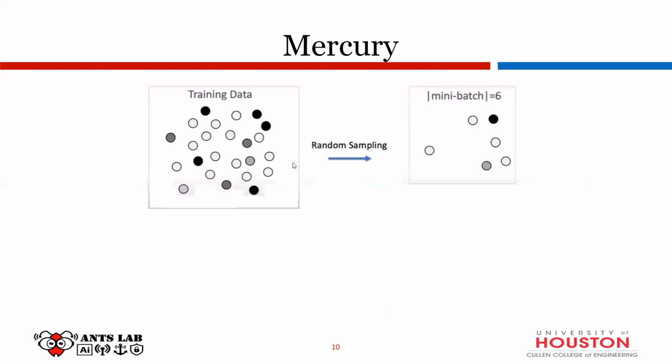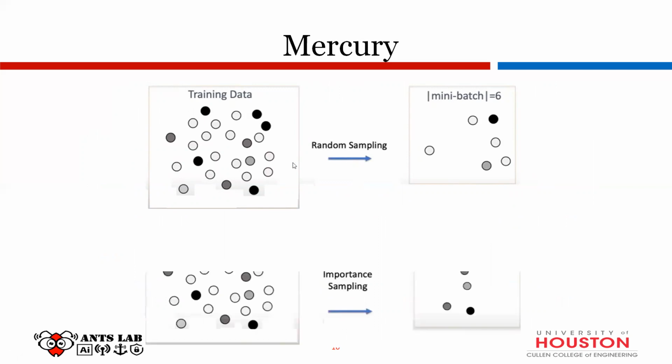If we try to do this in a random sampling way, this is all the training data in there. We set the mini batch to 6, so this is the 6 samples we want to get. But if we do this in an importance sampling way, the more important data, the data that affect the training more, will be sampled.